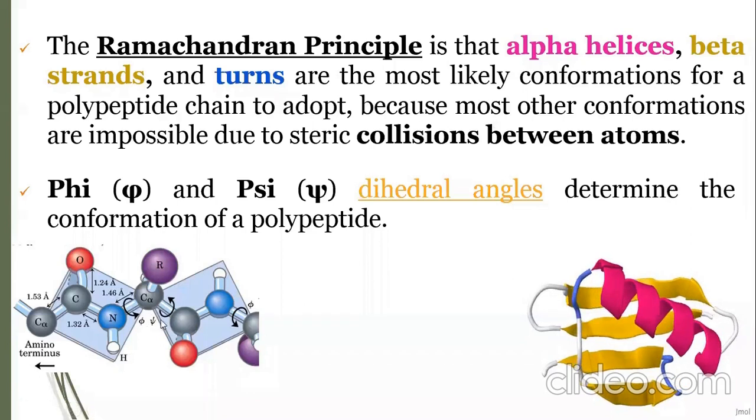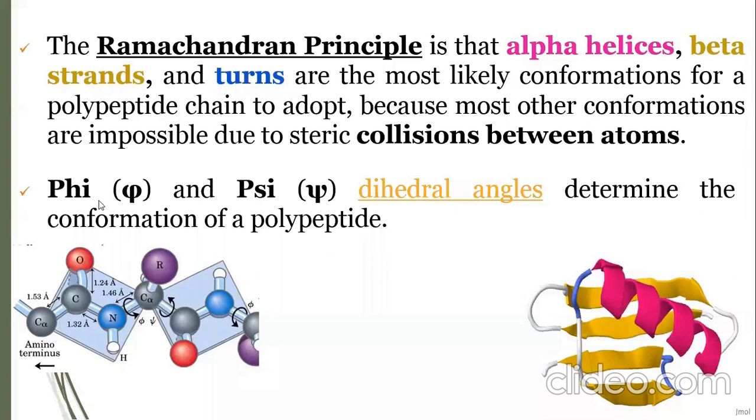Okay. You can see we have already discussed the amino acid, which has a chiral carbon. This one is the alpha carbon, the chiral carbon, this is the alkyl group, this is the amino group, and this one is the carboxyl carbonyl carbon. This one will be in one plane, this one in the second plane, and the angle between them will be the dihedral angle.